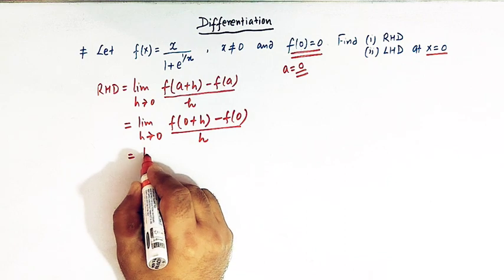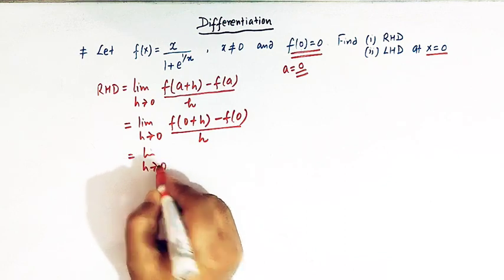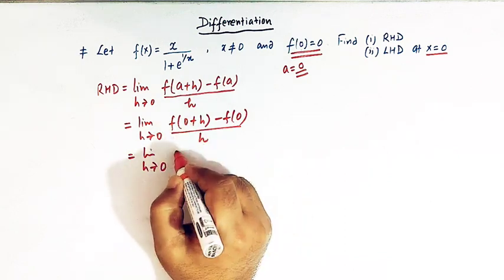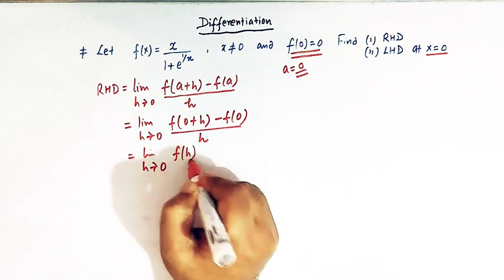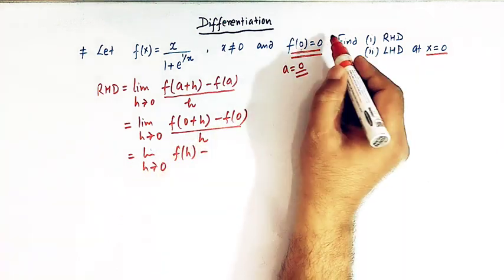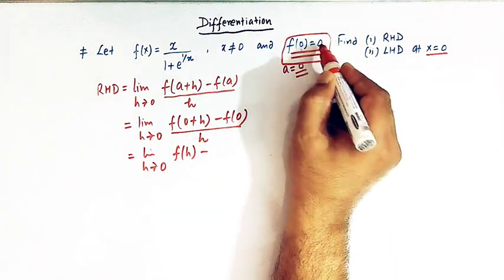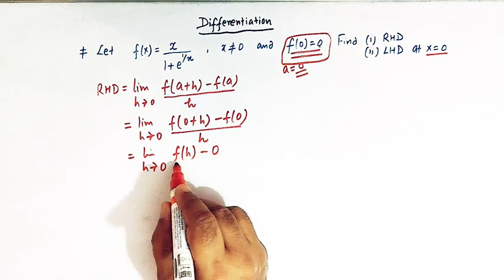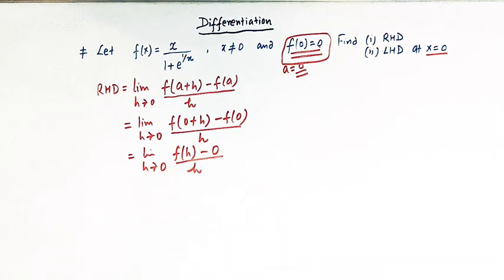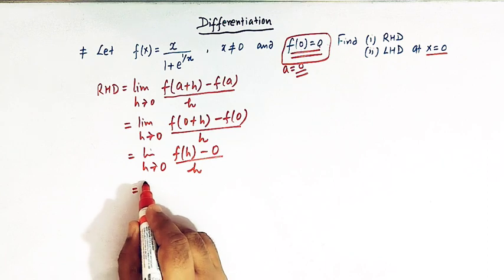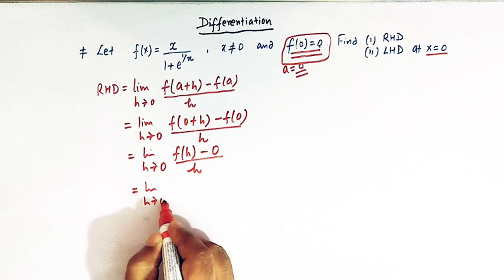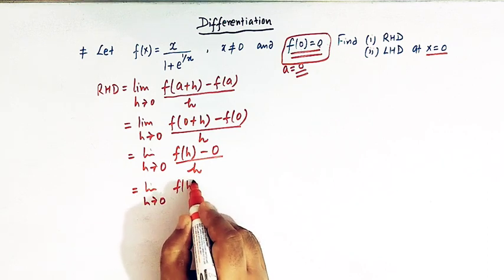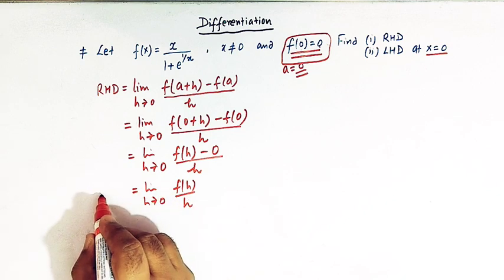Now f of 0 plus h is simply f of h, and f of 0 is given as 0. So this is the limit h tends to 0 of f of h divided by h.